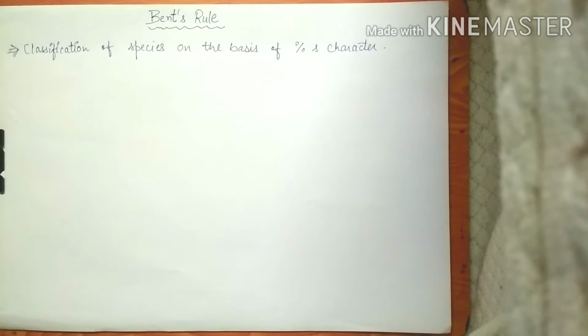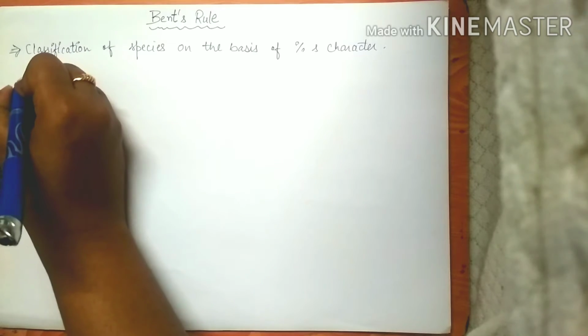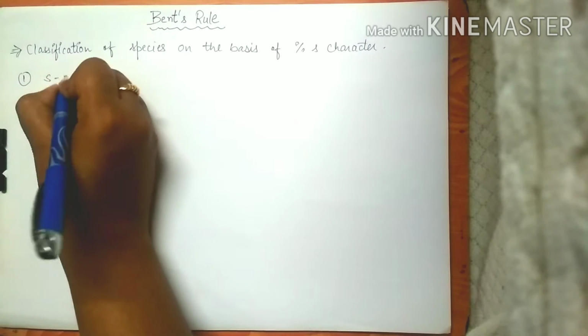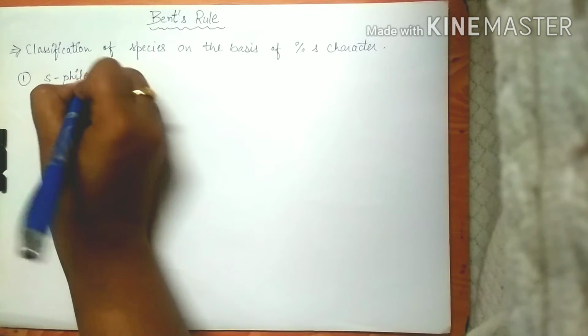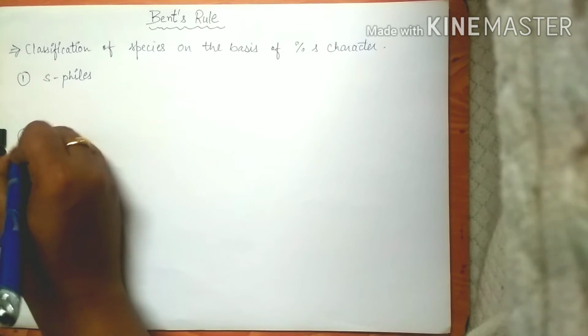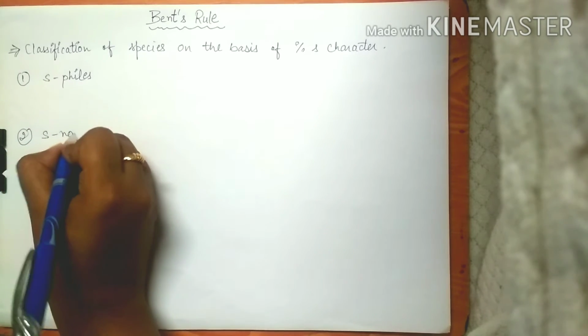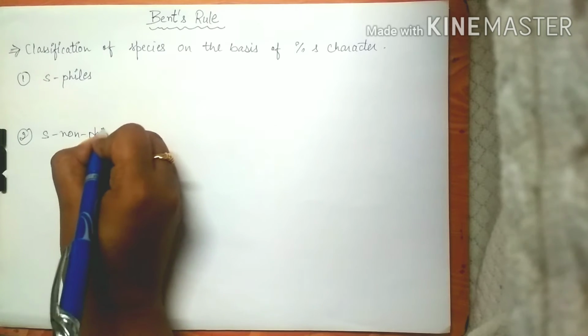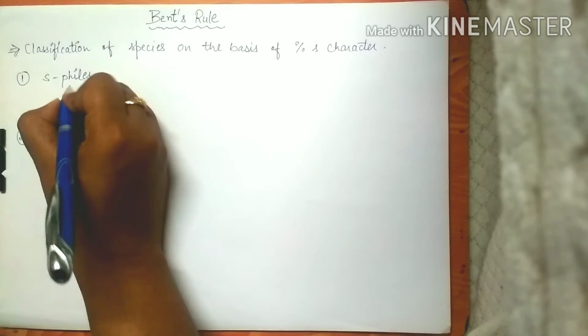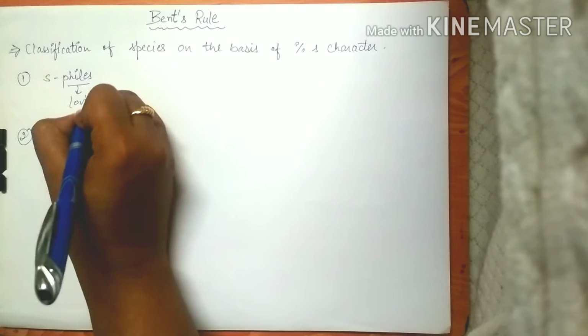On the basis of percentage S character, we can classify the species in two ways. First will be S-philes, and second will be S non-philes. Phile means loving, right?